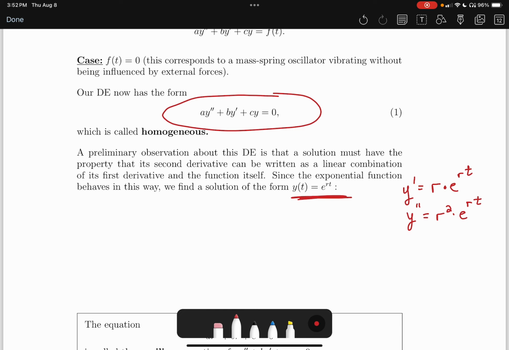Okay, well, let's plug that in. So we have a times r squared e to the rt, we have b times r e to the rt plus c times e to the rt equals 0. As you might notice, we can factor out e to the rt.